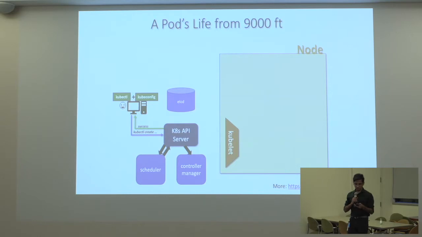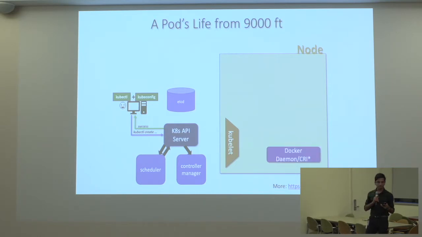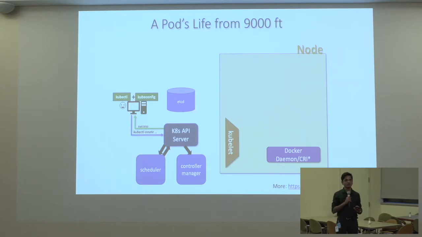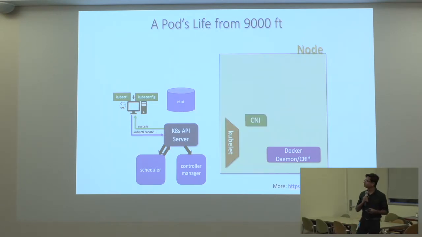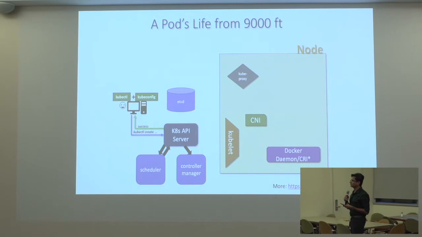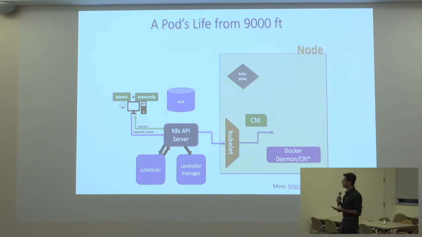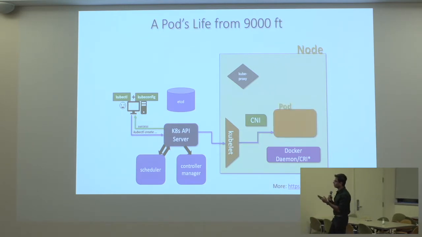on your node, you have kubelet, you have your Docker daemon or CRI-based container runtime, CNI, and kubeproxy. Kubelet is watching. Kubelet sees that, okay, I have a pod to schedule. What it will do is create a pod network namespace.